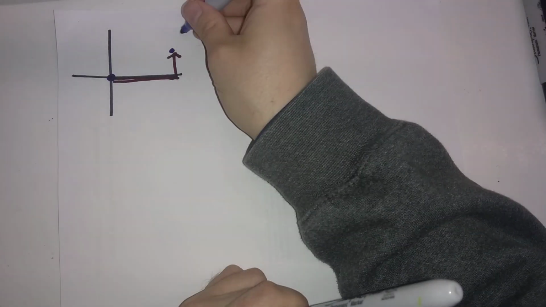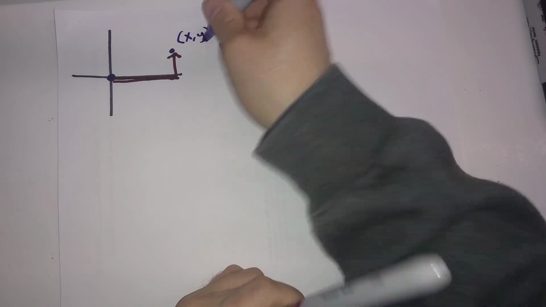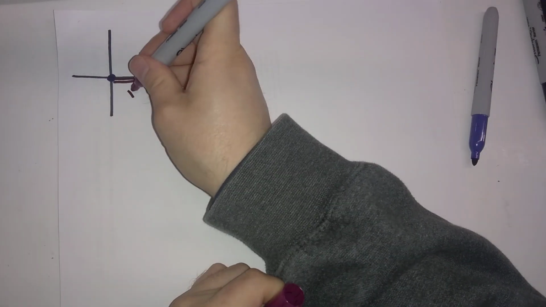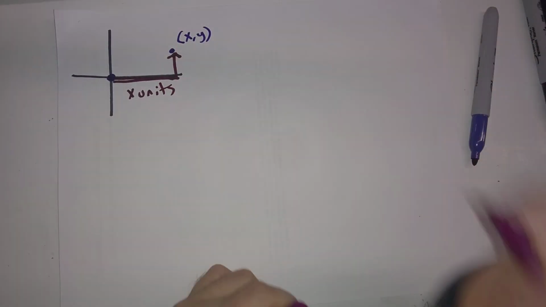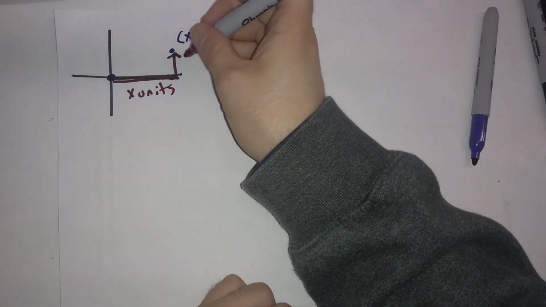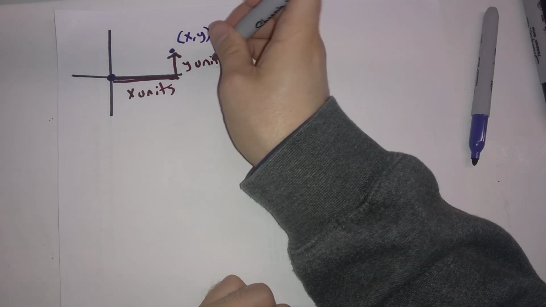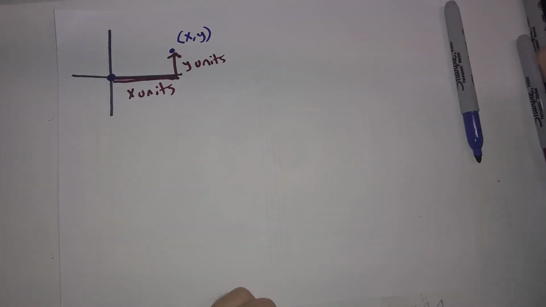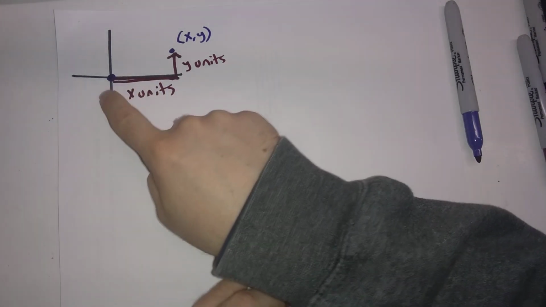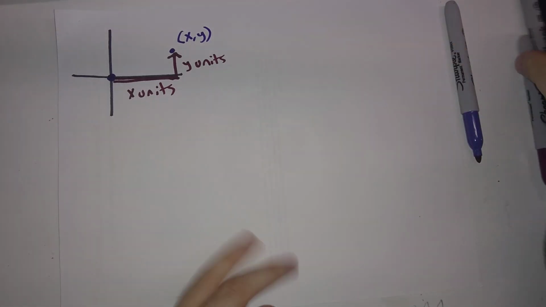And this corresponds to what we would call the rectangular coordinate system. So if this point here has coordinates x comma y, you walk x units along the x-axis, and then you go north by y units. So this is a perfectly reasonable way to describe to somebody how to go from here to here.